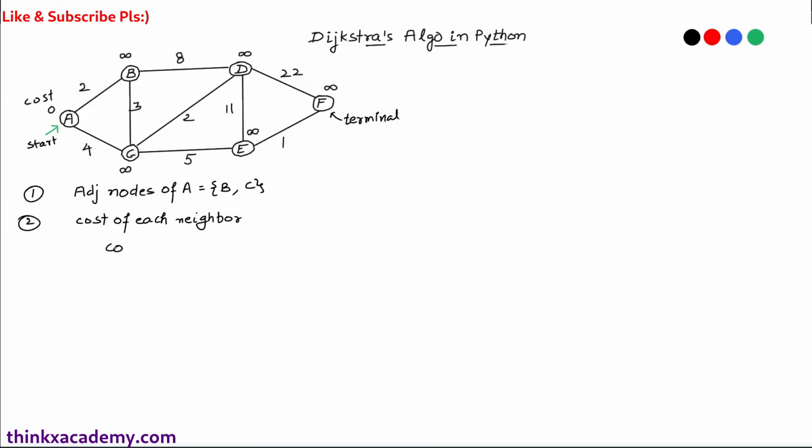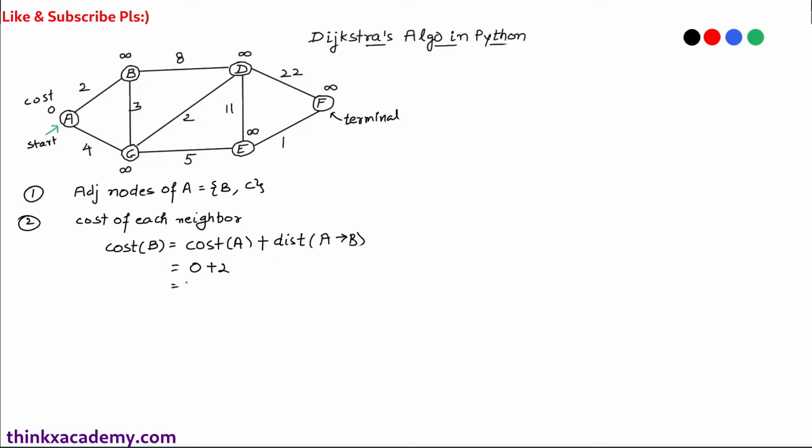Let's say we want to calculate the cost of B. It's not just the cost of B; it's the cost of going from A to B. To go from A to B, we first see that B is a neighbor of A. So first we use the cost of A, which is the cost of reaching A, and then we add the distance from node A to node B. The cost of A was initially assigned 0, and the distance from A to B is 2.